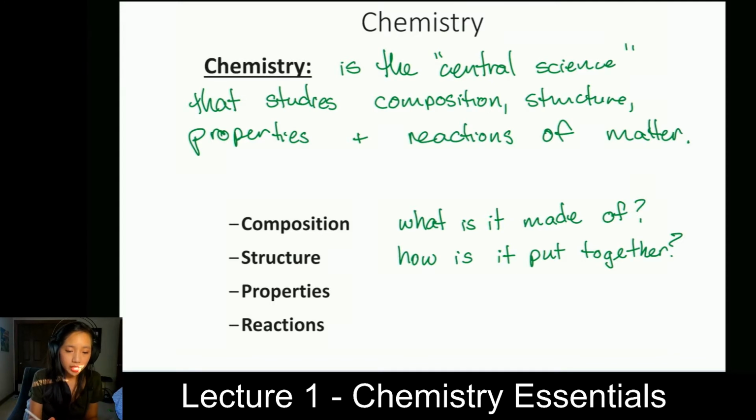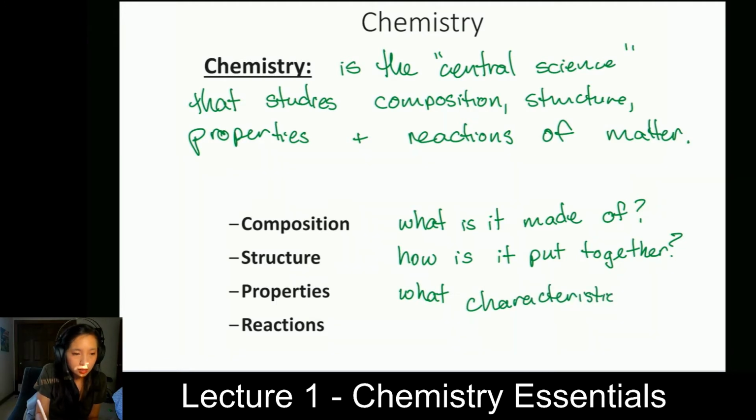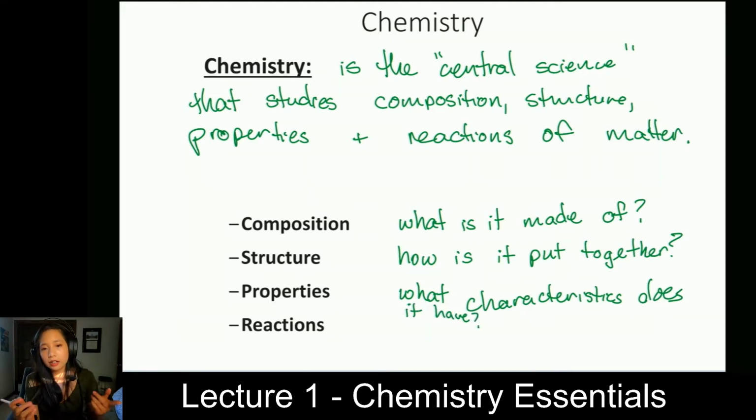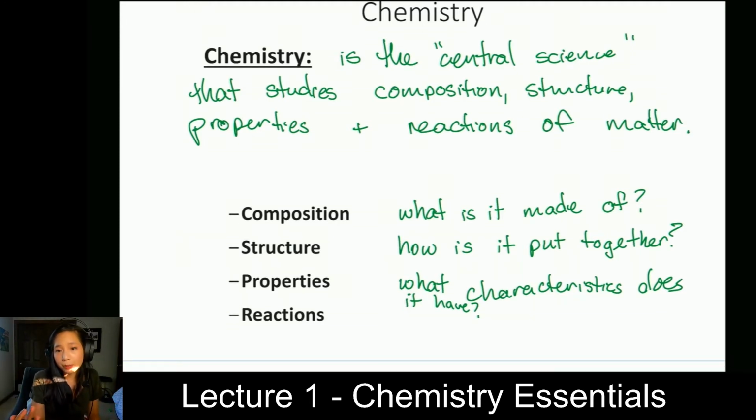Other questions we can ask ourselves is, what is the property of this matter? Essentially, what characteristics does this piece of matter have? Is it hard? Is it brittle? Is it shiny? Does it melt easily? Is it a liquid? Is it a solid? Is it a gas? All those are based on properties of that matter.